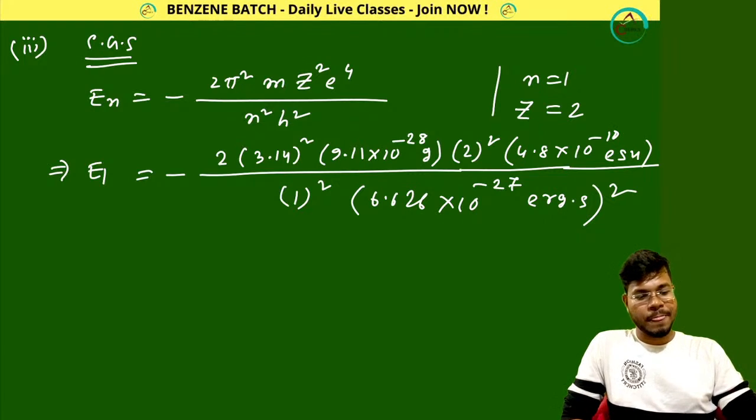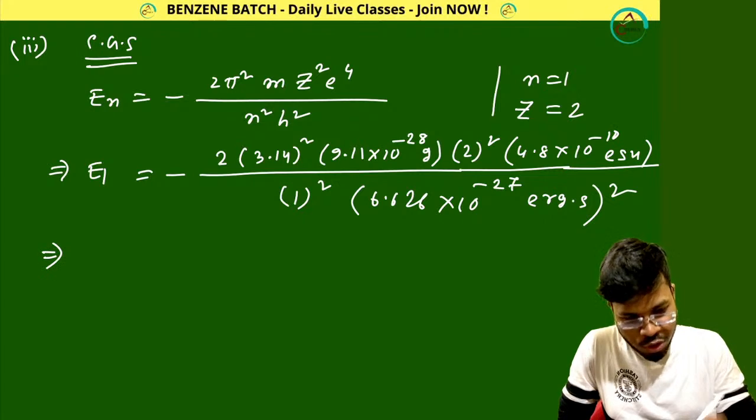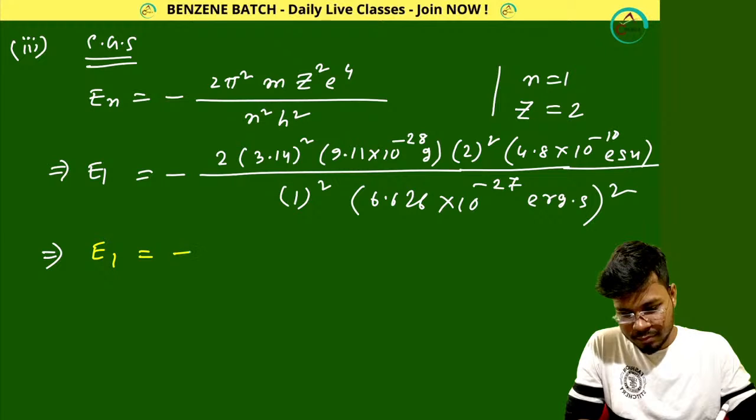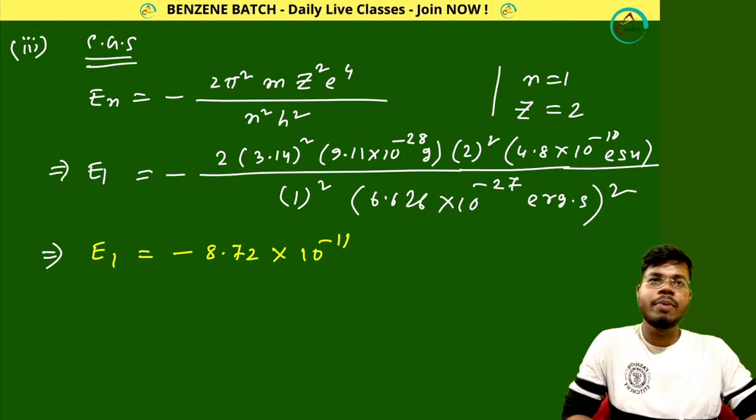I have done the same thing for this one again. So the final value, E1 will be equal to minus 8.72 into 10 to the power minus 11.